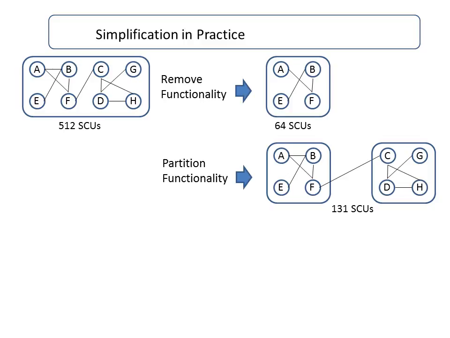Most of the SCUs in the partitioned system are coming from functional complexity, but you can see that we now have a little bit of dependency complexity due to the interdependency between function F and function C. But overall, even though we've increased the dependency complexity, we've been able to dramatically decrease the functional complexity. So the net result of this is a great reduction in complexity from 512 to 131 standard complexity units.